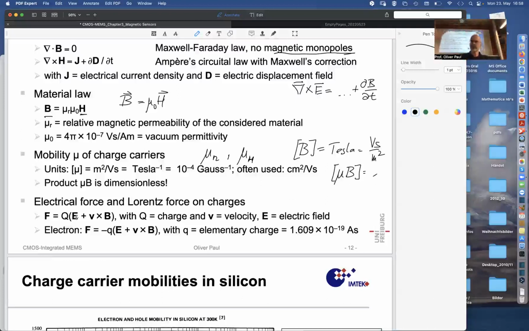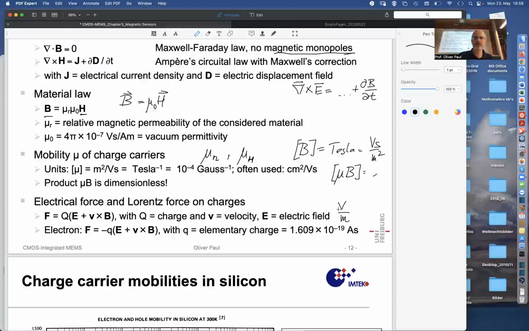And if it's accelerated in a conductor, then the charge is moved and moved and moved. It collides, and then it accelerates again. And the motion of all those charges is the current. So that's absolutely classical. And then we have here the second term, which is the Lorentz force, which we just saw for this charge Q. Velocity and electric field. Electric field has as unit volt per meter. It's a gradient of a potential.